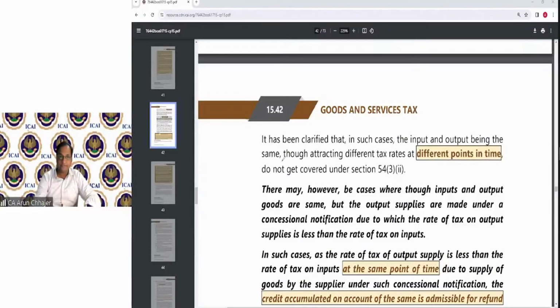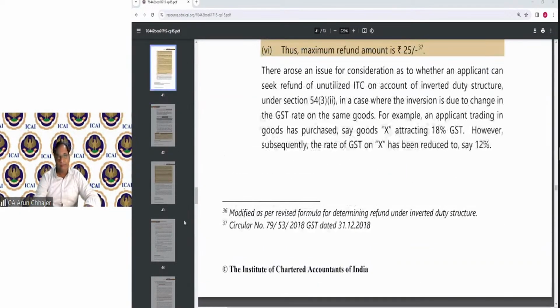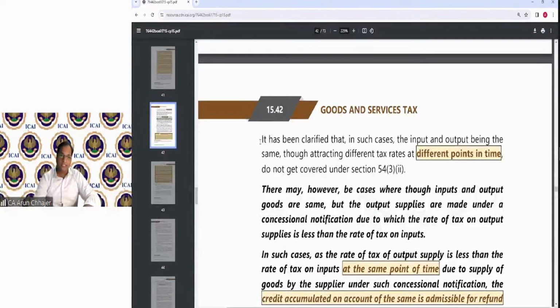Let's read. For example, an applicant trading in the goods has purchased the goods X attracting 18. However, subsequently the rate of the GST on X has been reduced. It has been clarified that in such case, input and output being the same, though attracting different tax rate at different point of time, does not get covered under inverted duty.